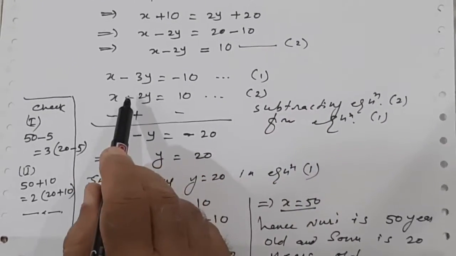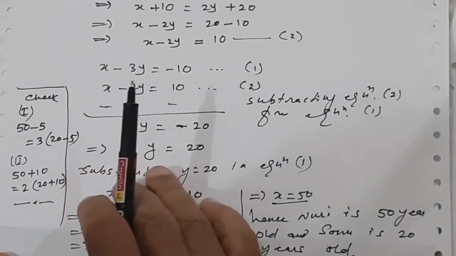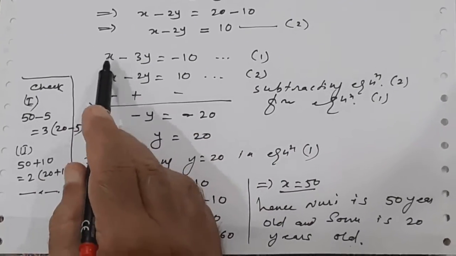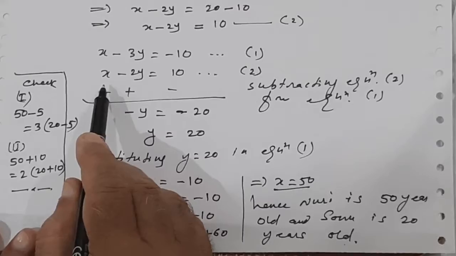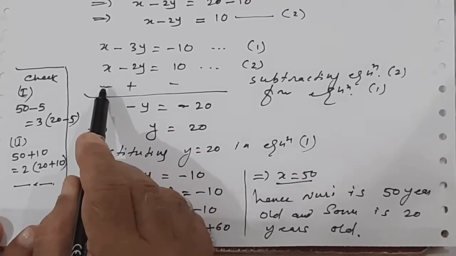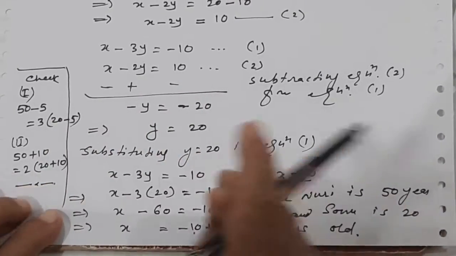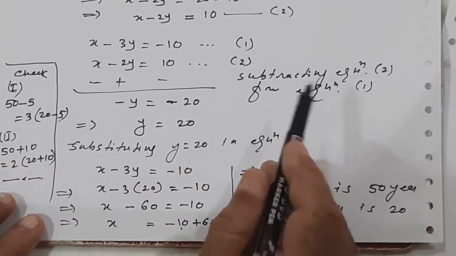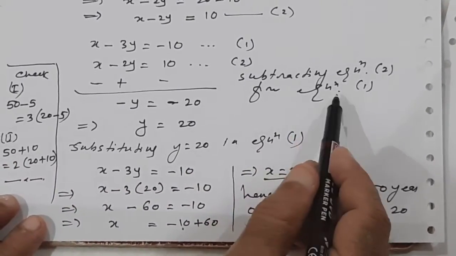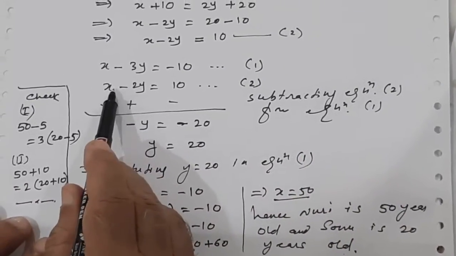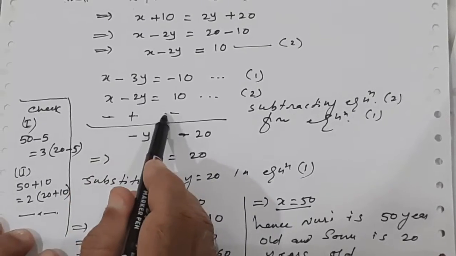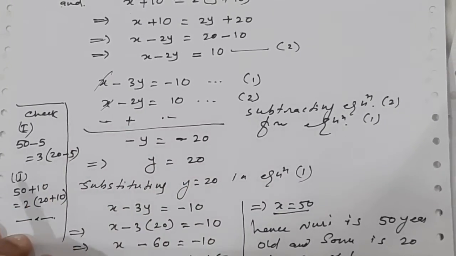I have written equations 1 and 2 again. We are using the elimination method. Here X is already equated, so we can use the elimination method. You can choose any method whichever you feel easy. So subtracting equation 2 from equation 1. When we are subtracting, we have to change the sign. So X gets cancelled.